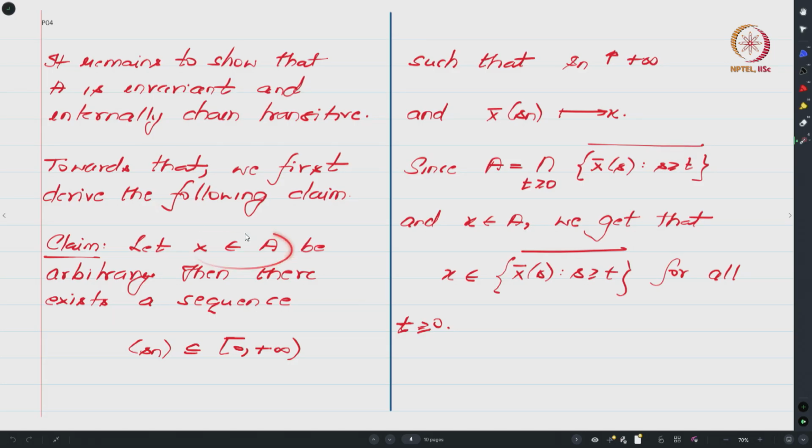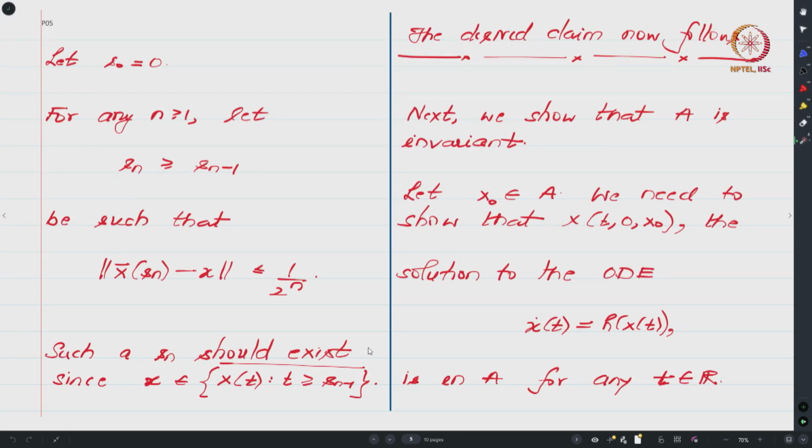We have presumed that x is in A, and A is the intersection of the closures of these tails. Since x belongs to A, one can conclude that x belongs to the closure of the tail, for all t bigger than or equal to 0.